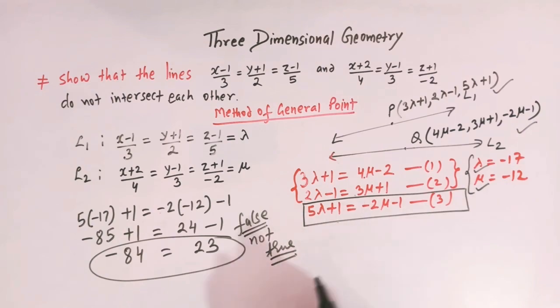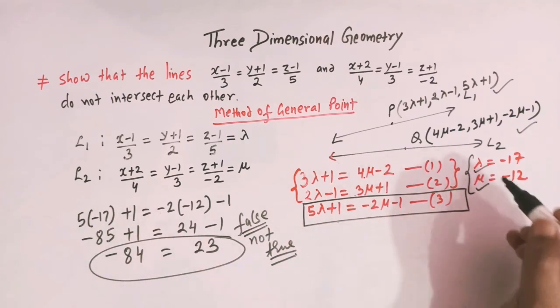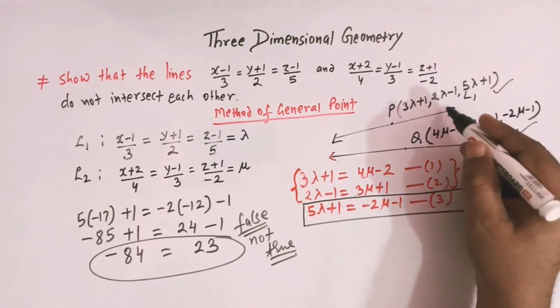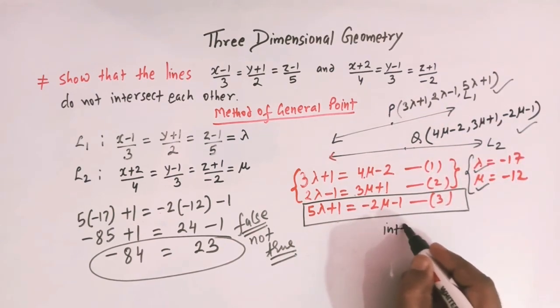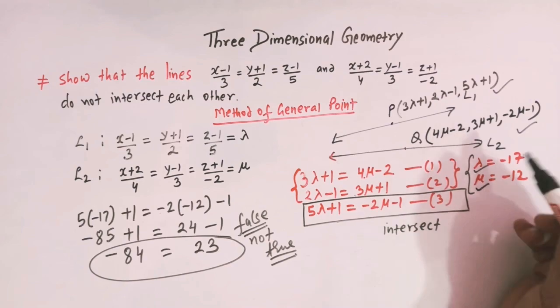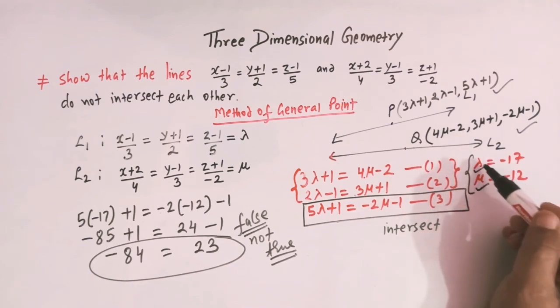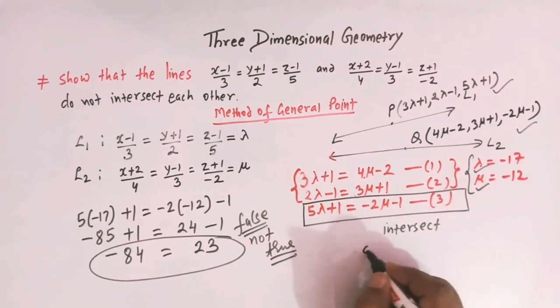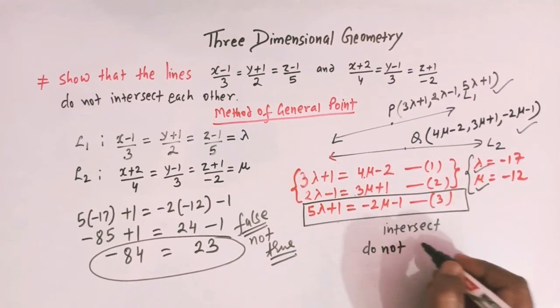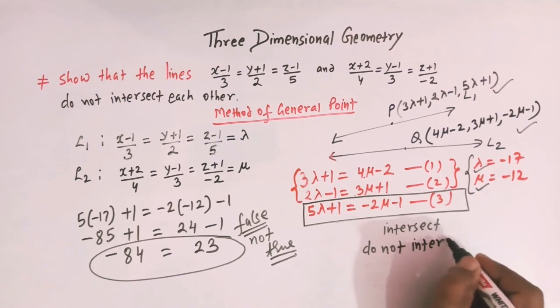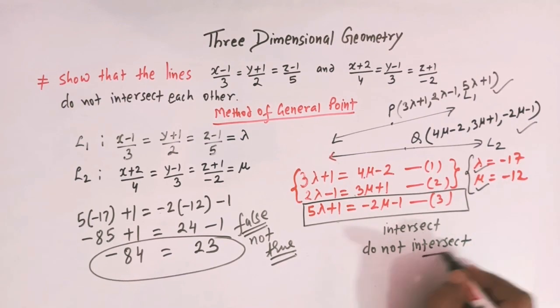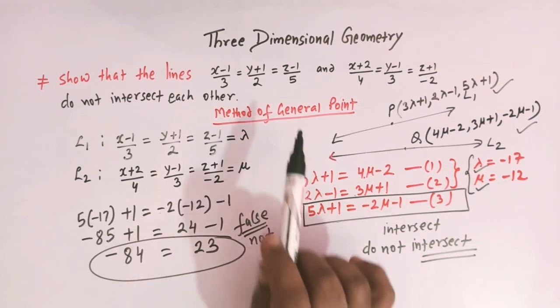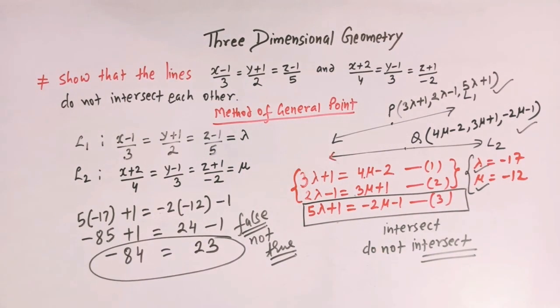If the third equation gets satisfied, then we say that the two lines intersect, and if the third equation does not get satisfied by these values, then we say that the lines do not intersect. So viewers, this is the method of general point to show whether lines intersect or not.